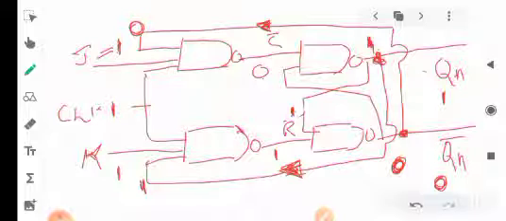Then it becomes 1 1 1, 1 into 1 into 1 is 1, 1 complement becomes 0 here.